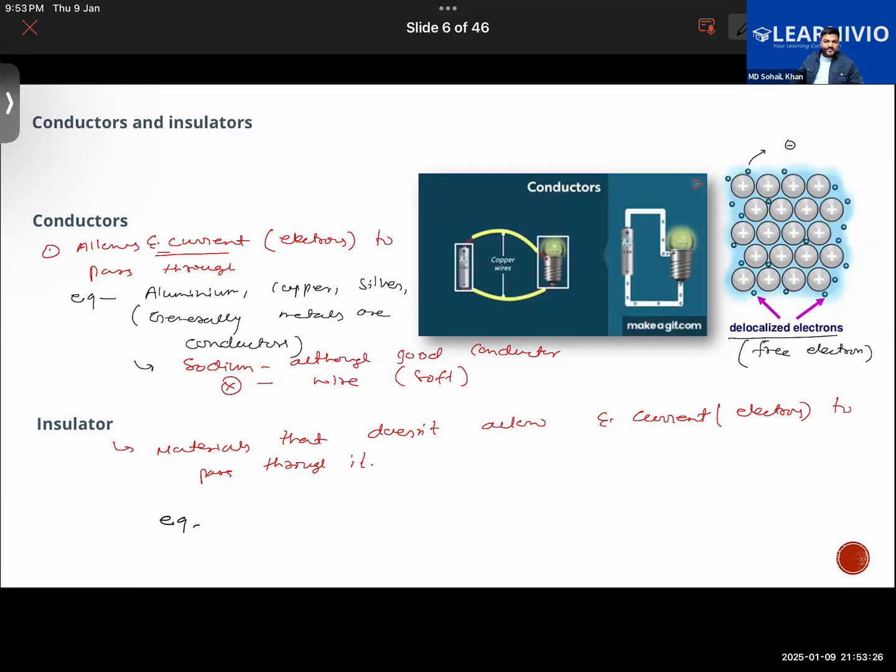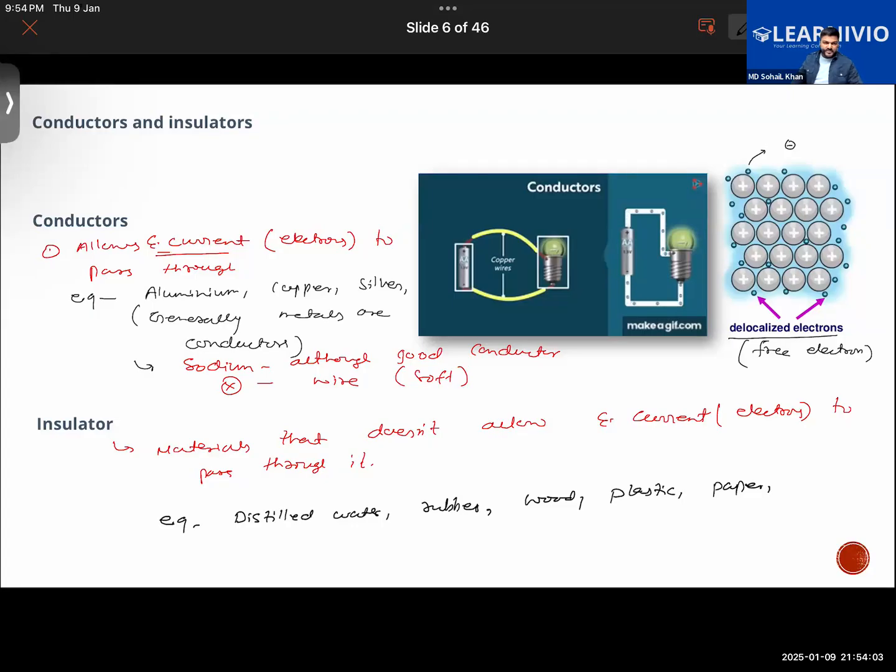Okay, so what are some examples, guys? Water. Water, pure or impure? Pure water. So you have distilled water, rubber, wood, plastic, paper.